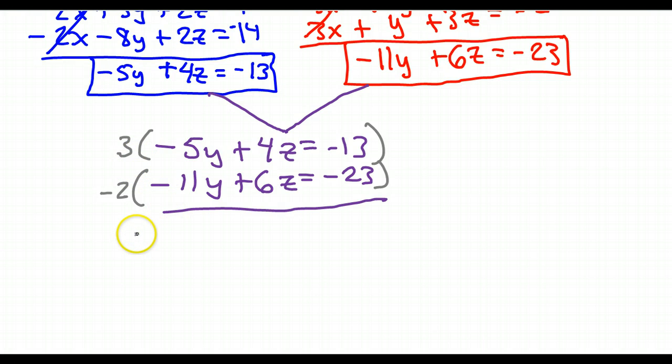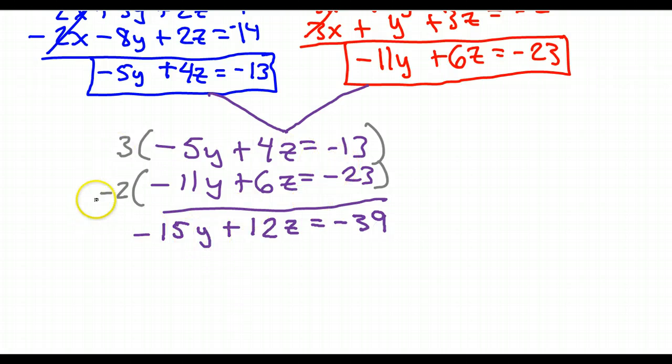So that's going to give me negative 15y plus 12z is equal to negative 39. Now the bottom equation is going to become positive 22y minus 12z is equal to positive 46.